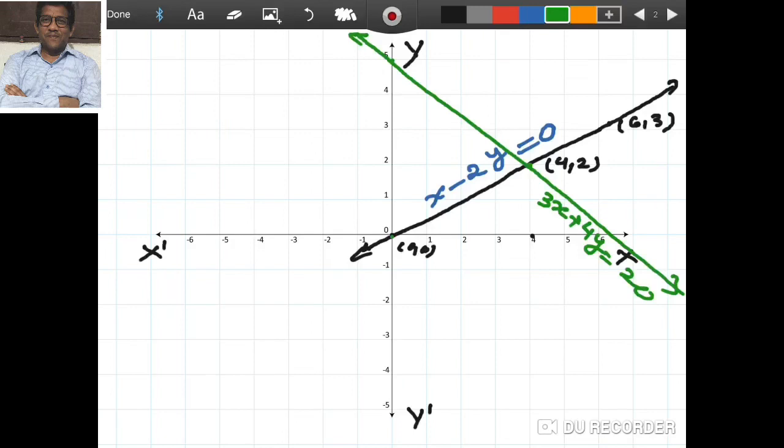Sometimes we find coincident lines, it means that the given system of equations has infinitely many solutions. And here we observe that these 2 lines intersect at the point 4, 2. It means that this system has a unique solution, and the unique solution is given by x is equal to 4, y is equal to 2. Thank you.